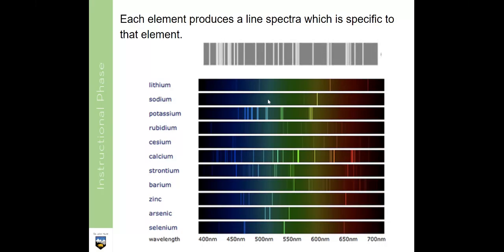So if we got a result that looks like this, what metal ion do you think is present? What you would do is compare this to known spectras, and you would decide which one it corresponds with. Which one is it the same as? Have a look. If you said calcium, well done. It would have been calcium.